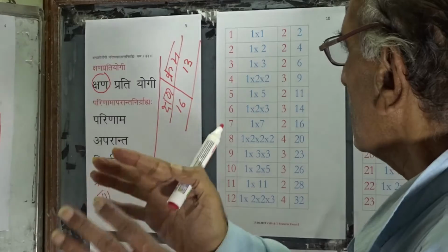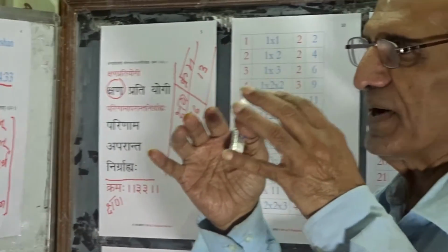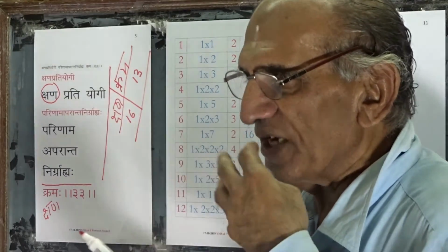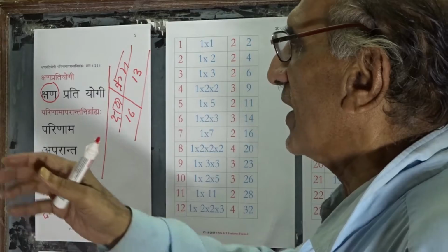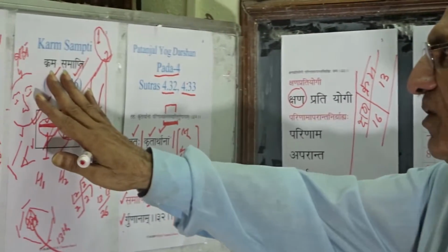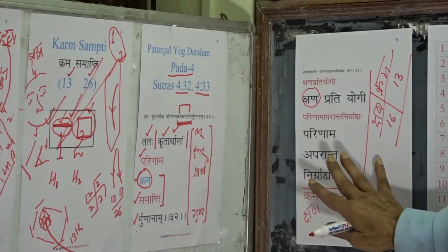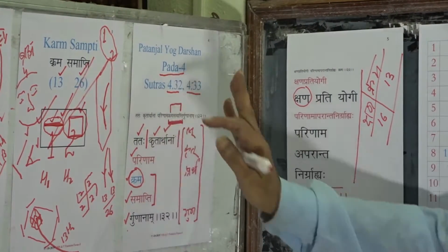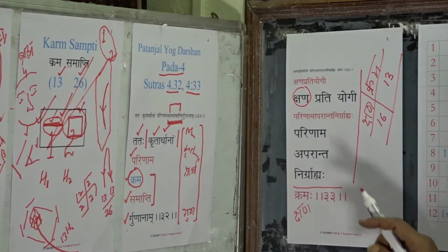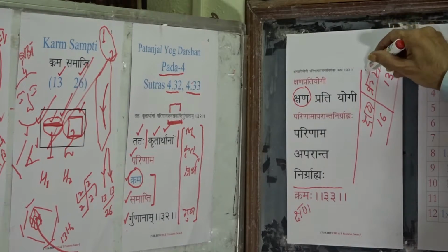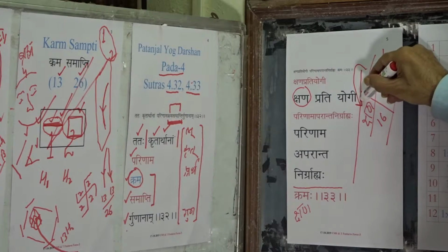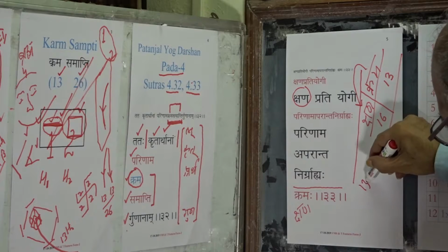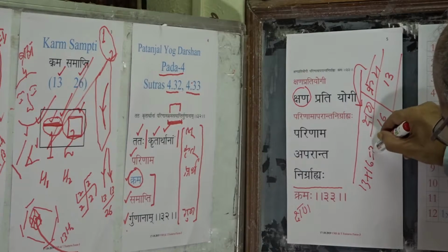As such, to have a full comprehension and for proper appreciation and to have an appropriate enlightenment about the working processing steps of Kram Samapti, we have to be through the preservations of 4.32 and 4.33 Sutras of Patanjali Yoga Darshan, and here we have to reach at the pair of formulations Kram and Kshana, which are of Pali value 13 and 16, and we know 13 plus 16 is equal to 29.